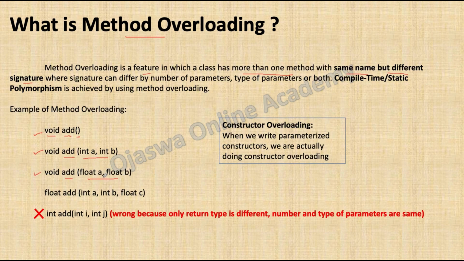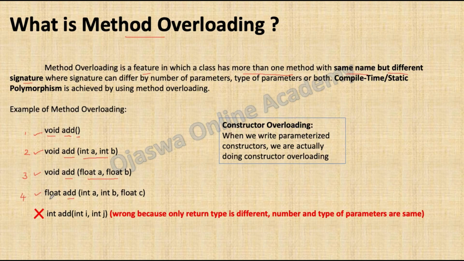So there are two float parameters. Now again, this is a valid example of method overloading, because in the second example, there are two parameters. In the third example, there are two parameters, but the types of parameters are different. So method overloading can happen with the same method name, but it should differ in number of parameters or types of parameters, or both.